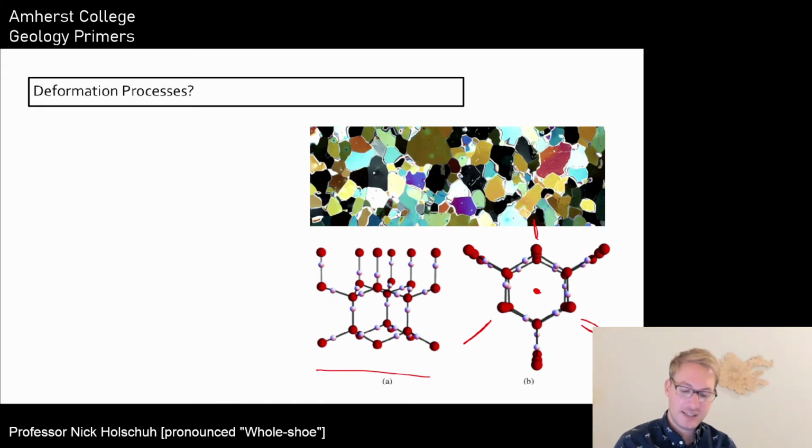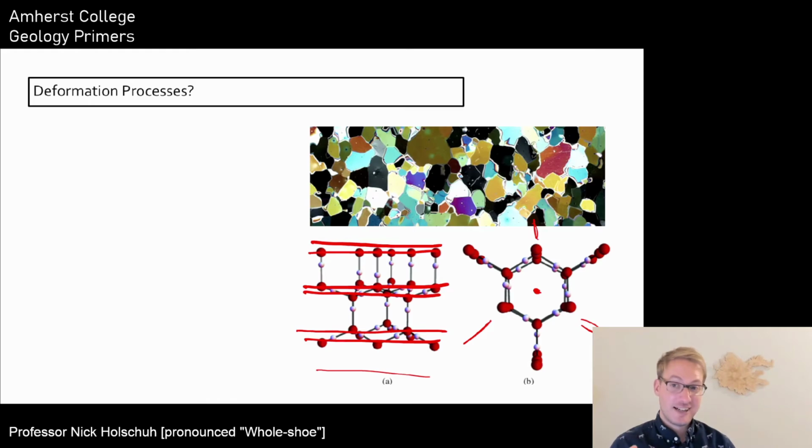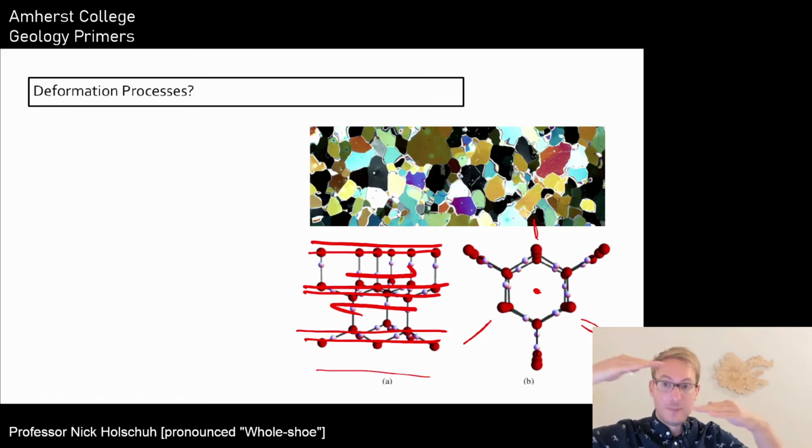What you see is that the ice crystal is actually bound up in these tight planes. It turns out ice is really easy to shear along these planes. You can deform it by breaking bonds and reforming bonds by shearing along what we call the basal plane.